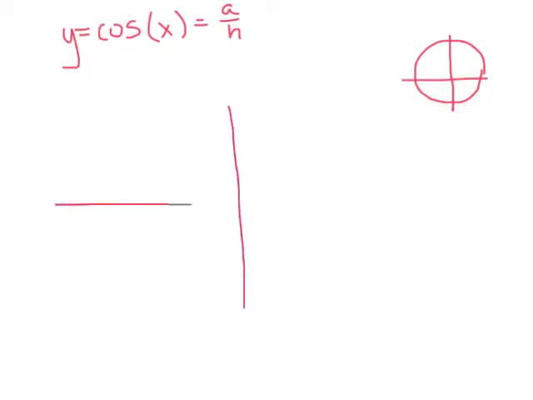So at 0 degrees, remember we start at 0 degrees or 0 radians, you do have an adjacent movement. So now at 0, we have an adjacent movement at 1. This is where our dot is, because our adjacent movement is represented here.